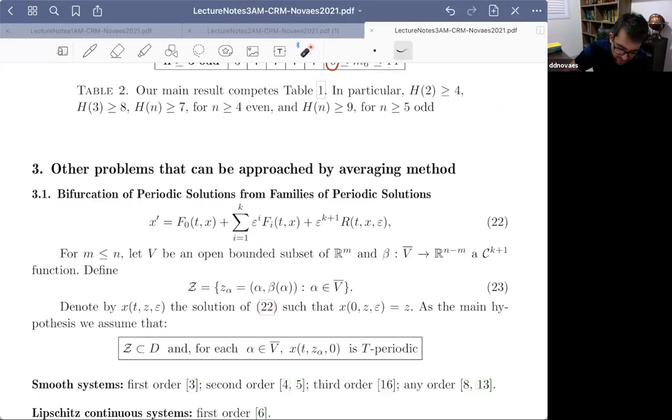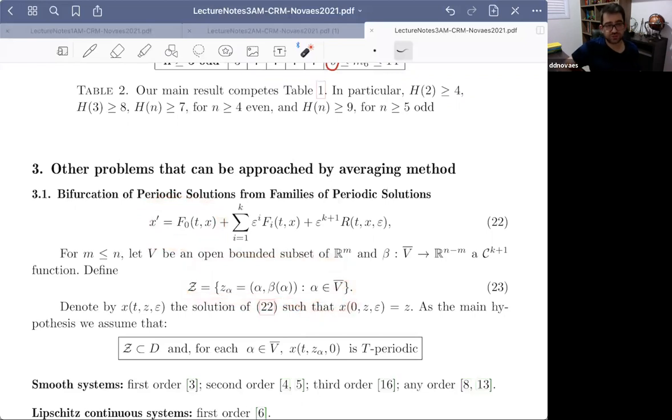Here we have an unperturbed term. x prime equals F0 is the unperturbed system. We assume that for this unperturbed system, we have a manifold, which can be open, bounded or closed, of periodic solutions.